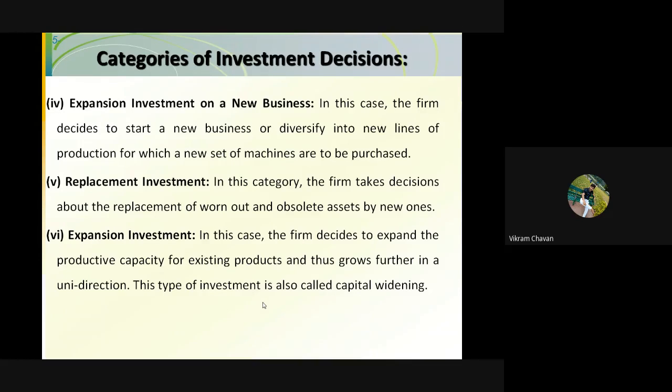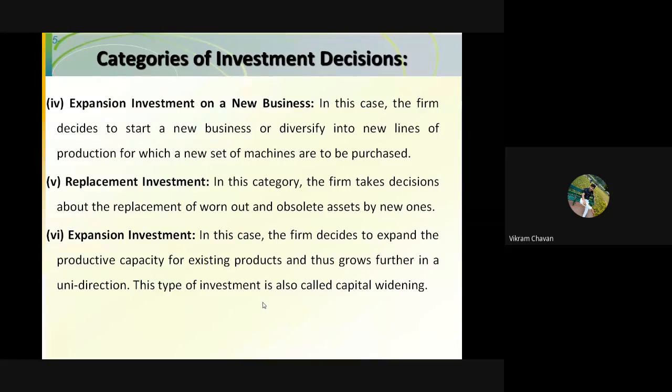Okay, so it is applicable for every sector. If you say that it is for the share market, then these particular points, that is strategic investment, then the expansion, then expansion investment on a new business, will also be applicable for the share markets. I think, Pratikesh, whether you are getting my answer?